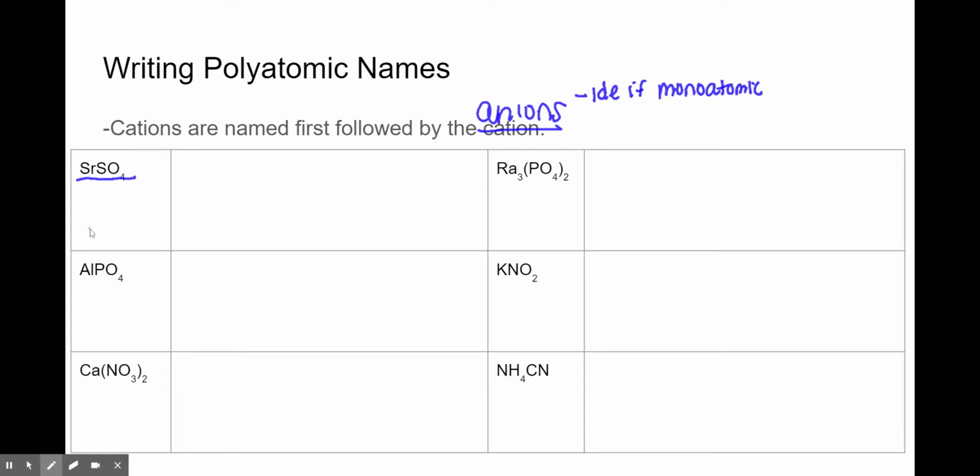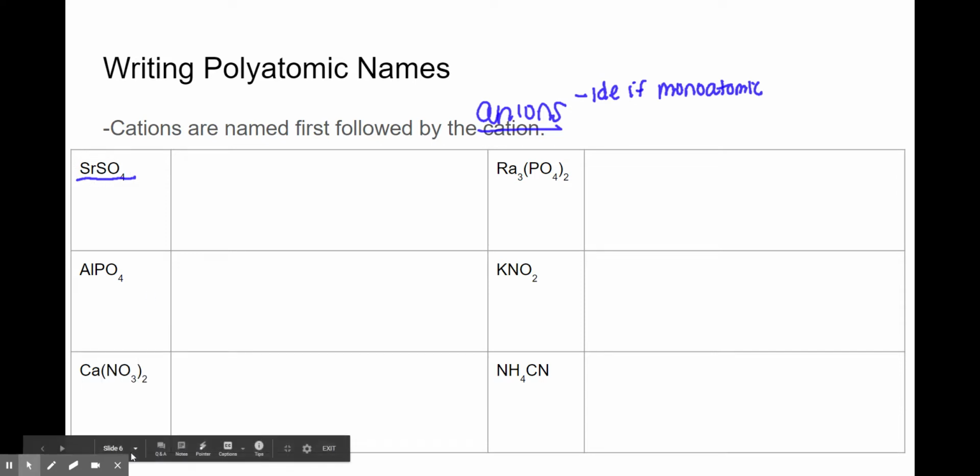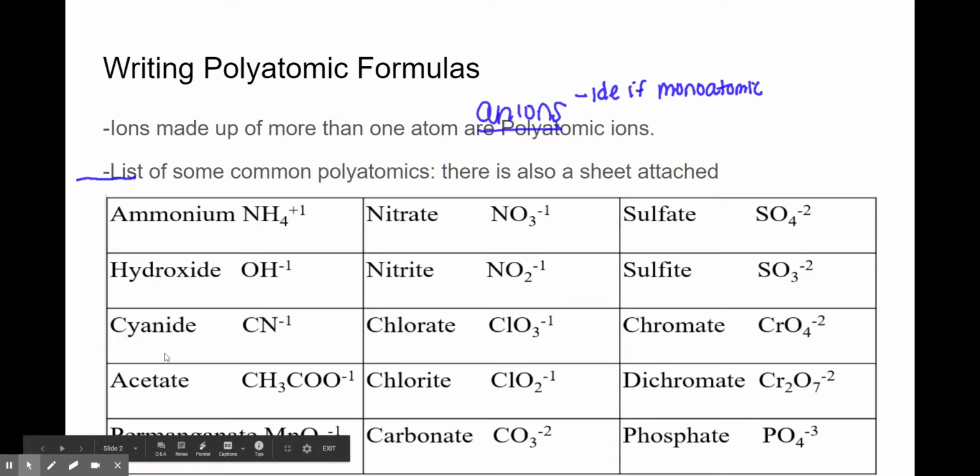SrSO4. Try to identify the polyatomic ion first. So we're going to look at our polyatomic ion list and look for either Sr or SO4. SO4 is sulfate, so I know that's my polyatomic.